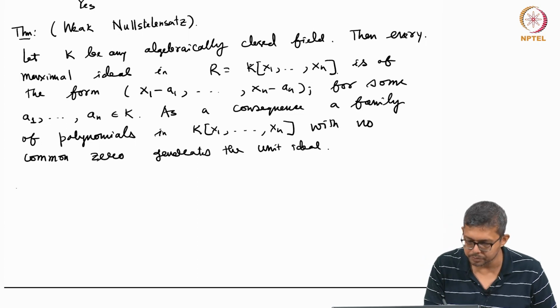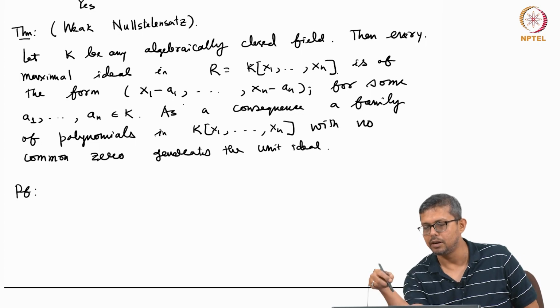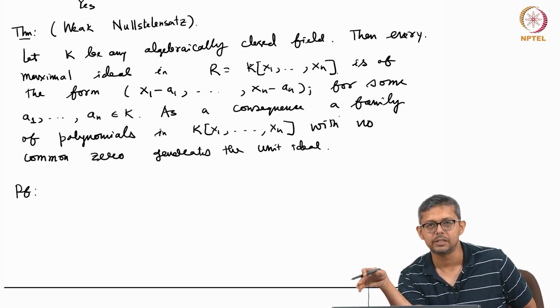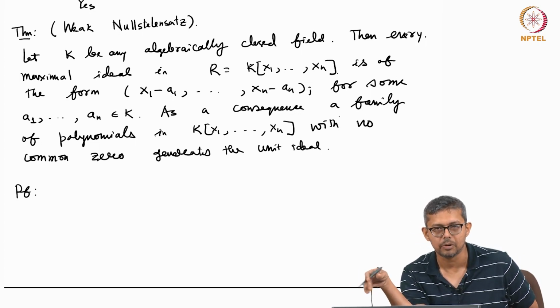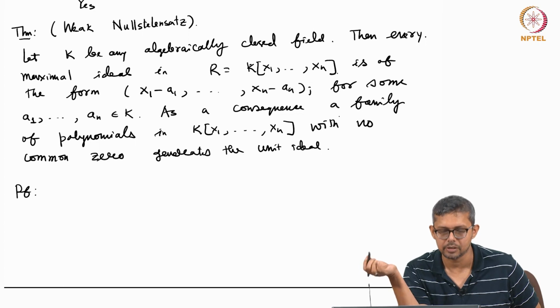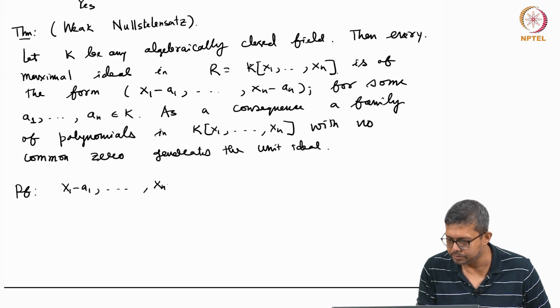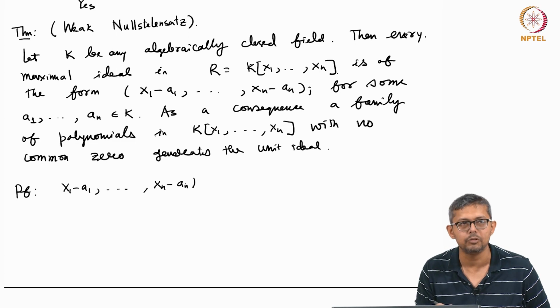So, proof. So, first of all, (x1 minus a1, ..., xn minus an), this is always a maximal ideal, there is no doubt about it, right. You do not have any ideal properly containing x1 minus a1, x2 minus a2, etc. So, this part is obvious, you do it for one variable and then you use induction.